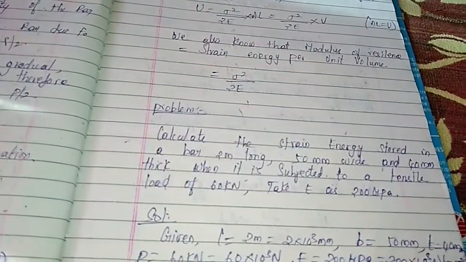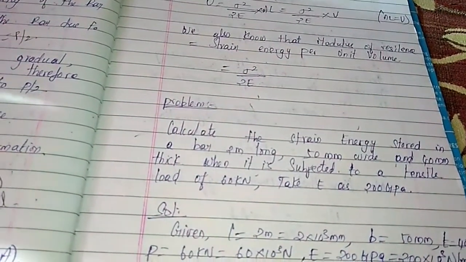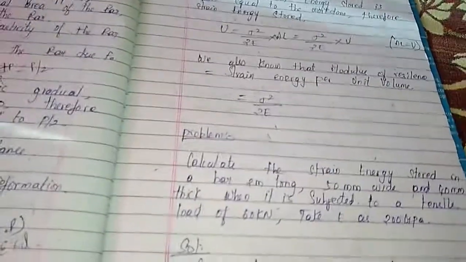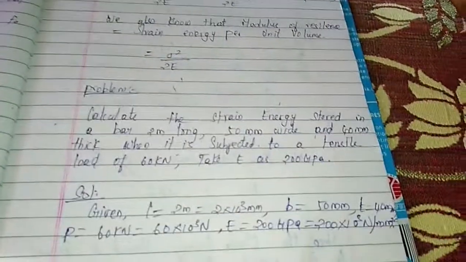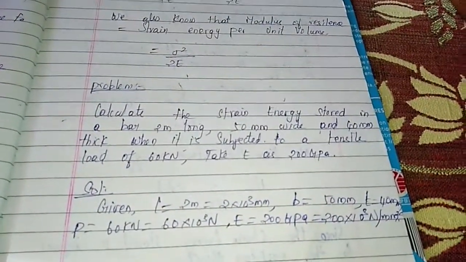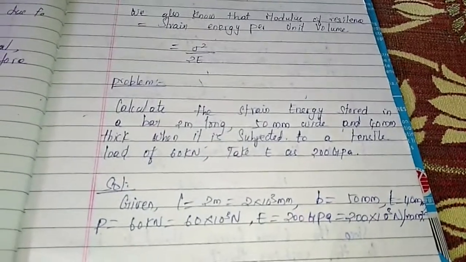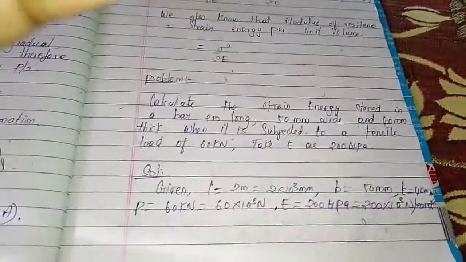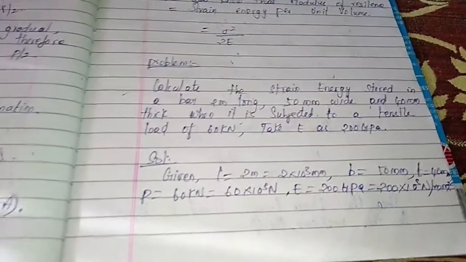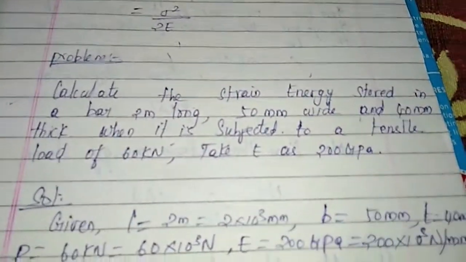Next, your thickness, that is given. So very simple, right? All the data is given, and load is also given. Load P is the tensile load, 60 kilonewton, and your Young's modulus E is also given.